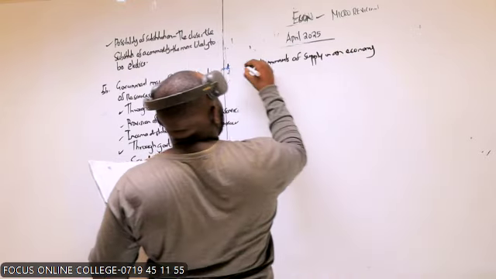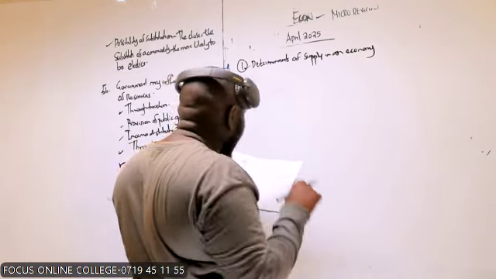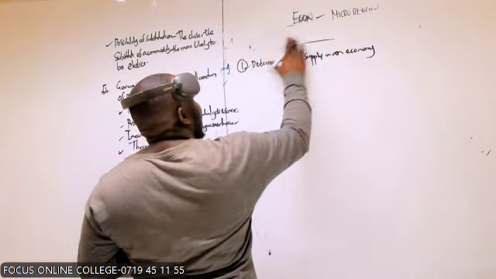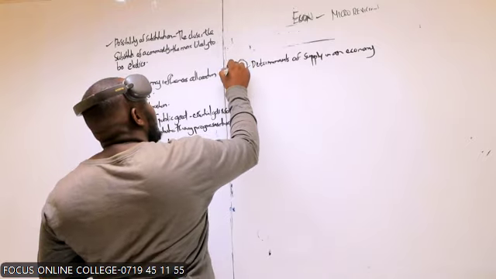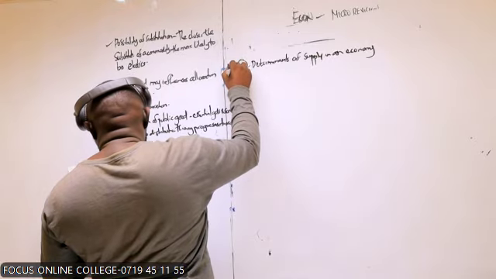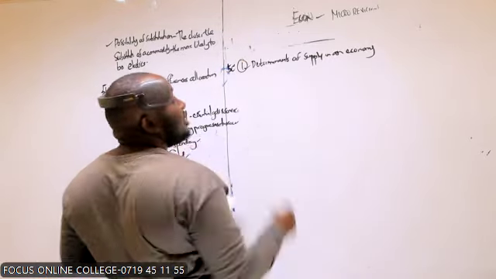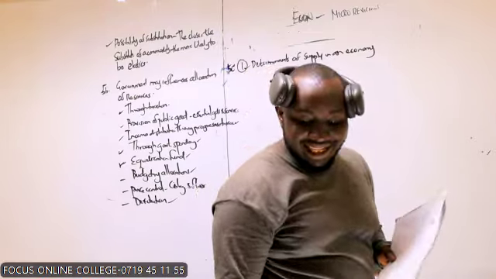That should be the April 24 question, 5C. Determinants of supply in an economy.